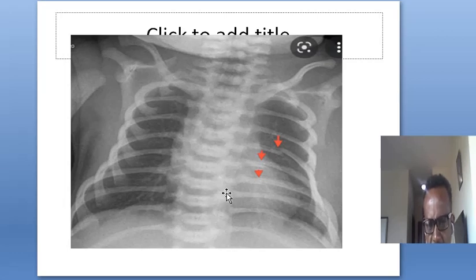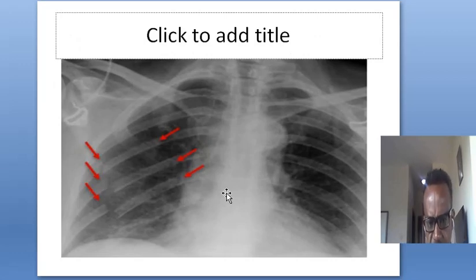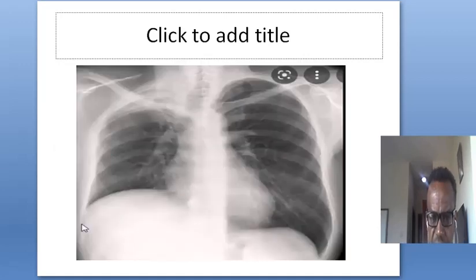Nowadays, computers have magnifiers, and one should use them to diagnose rib fractures. So these are very significant rib fractures on two sides, usually three or more ribs fractured in two places. This is called flail chest.